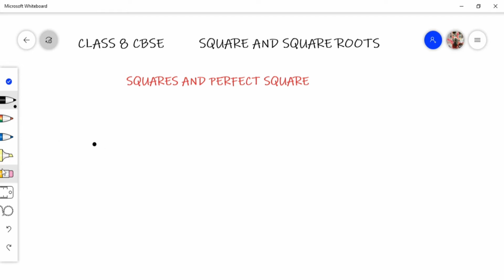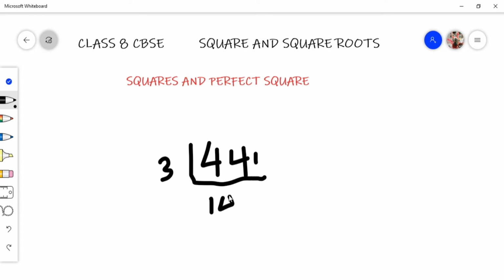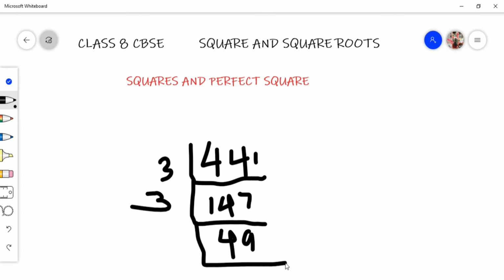For example, if that number is 441, we first find its factors. 441 comes in 3's table as 147. After 147, it comes in 49's table, 3 into 49 is equal to 147, and then 49 comes in 7's table as 7 sevens are 49.